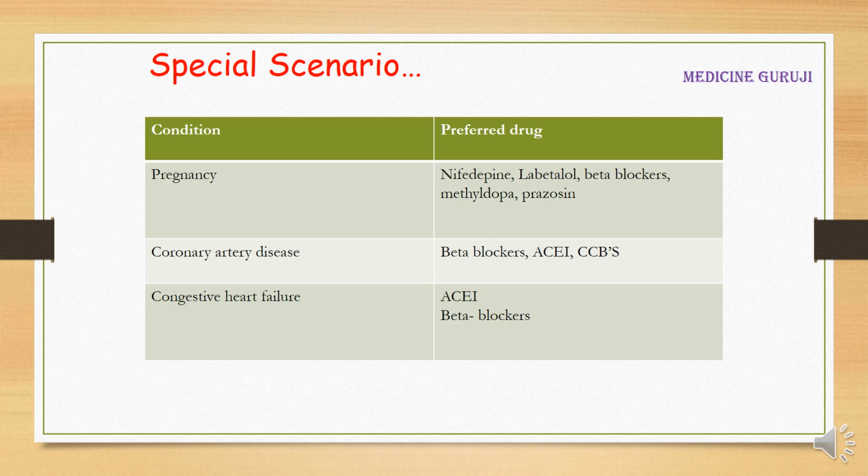ACE inhibitors or calcium channel blockers. For CHF, congestive heart failure, ACE inhibitors and beta blockers. Once the symptoms have subsided, then you add beta blocker in a low dose. But never forget nifedipine, labetalol in pregnancy.